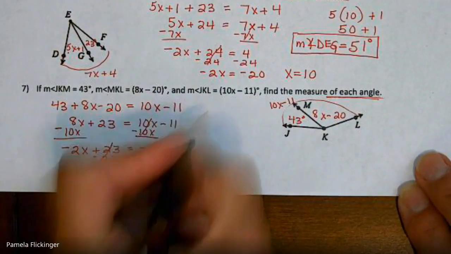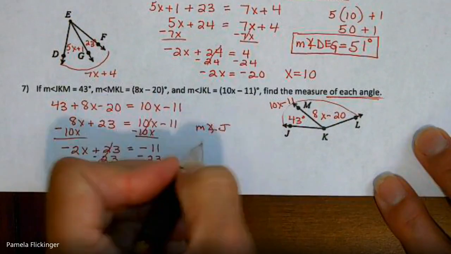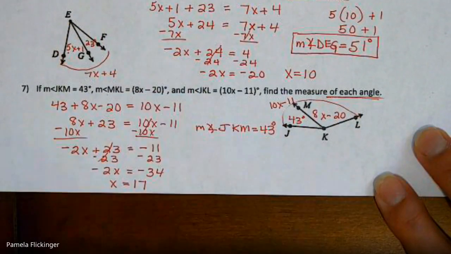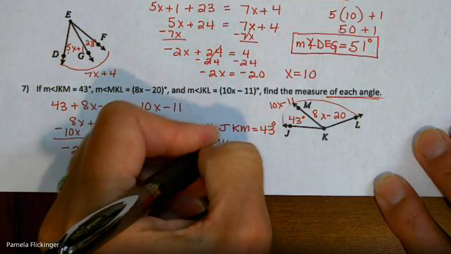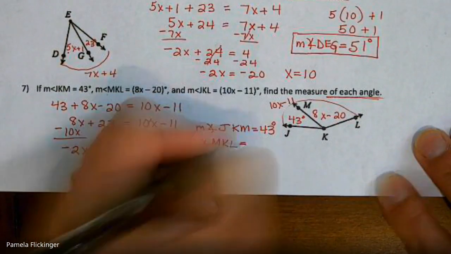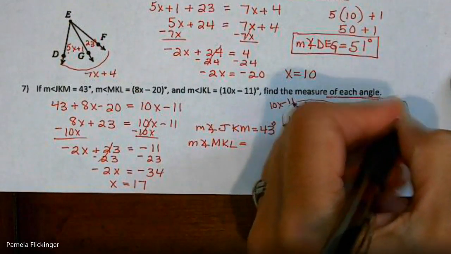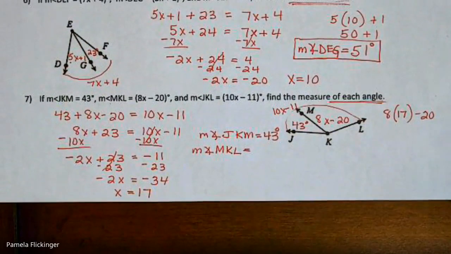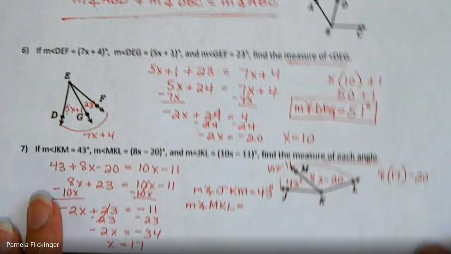All right, so we already know the measure of angle JKM was 43 degrees. The measure of angle MKL, all right, is going to be, if I put 17 into 8x minus 20, so 8 times 17 minus 20 is 116.